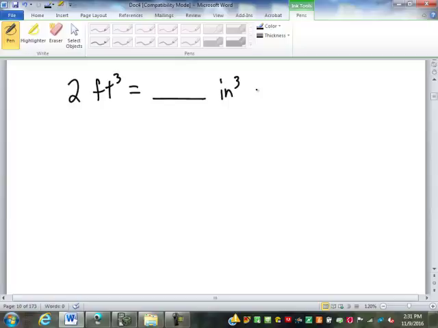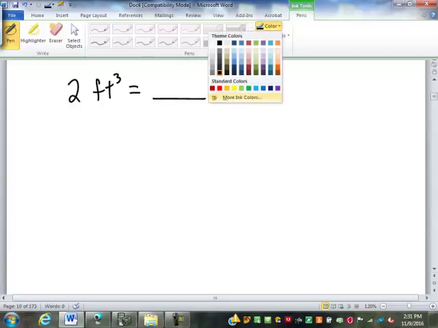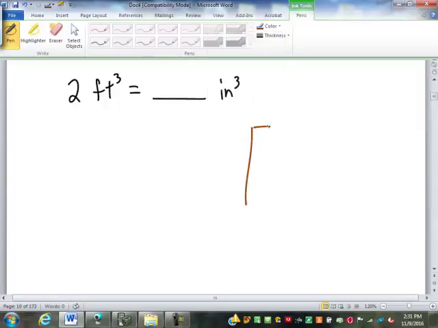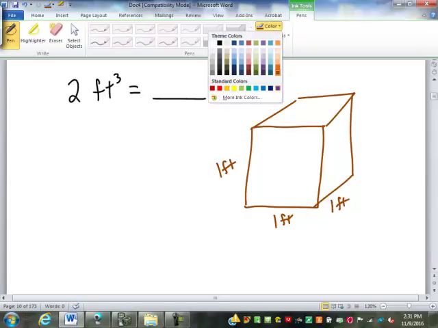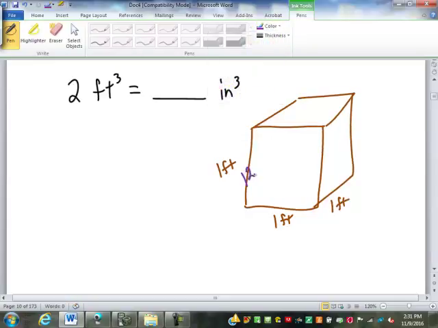That's not going to work here either. We look at our definition of a cubic foot. It is 1 foot by 1 foot by 1 foot. It's a cube that's 1 foot in every direction, right? So 12 inches by 12 inches by 12 inches.